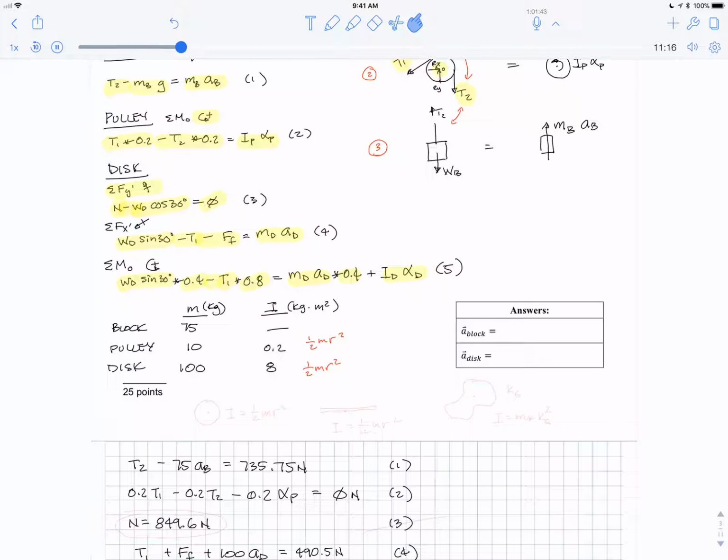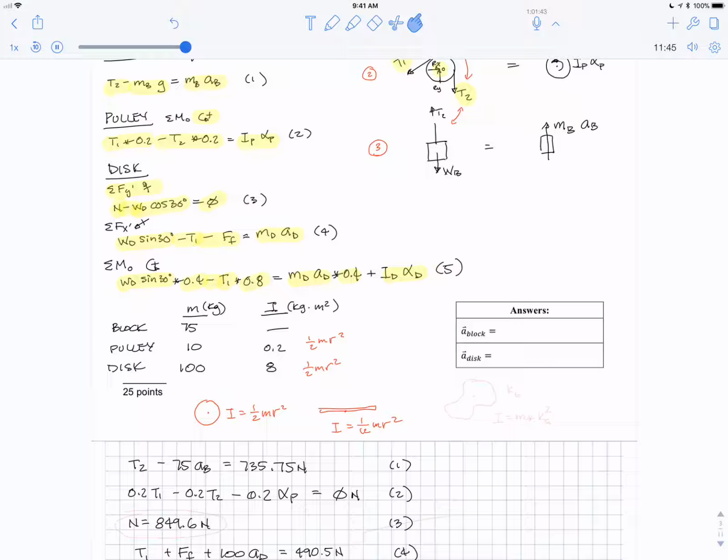Okay, to be honest, I didn't actually look at that sheet. I have memorized these three. Circle: I is 1/2 mr squared. Skinny bar about the middle: I is 1/12 mr squared. I can remember that because it looks like the one for a rectangle in mechanics of materials, 1/12 base times height cubed, and the bar kind of looks like a rectangle.